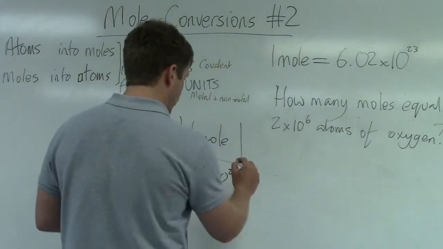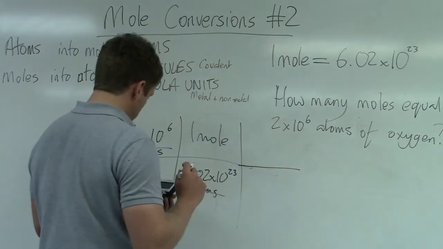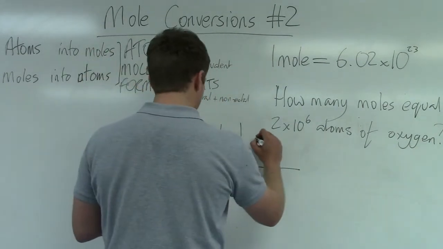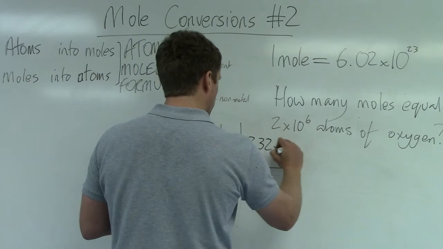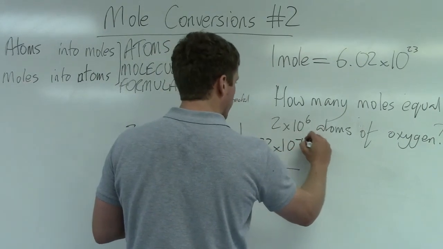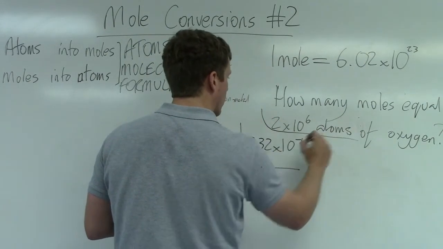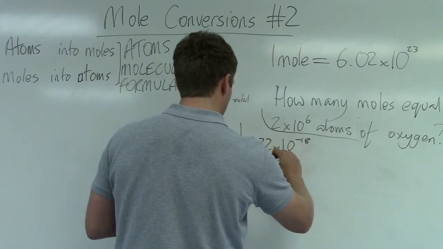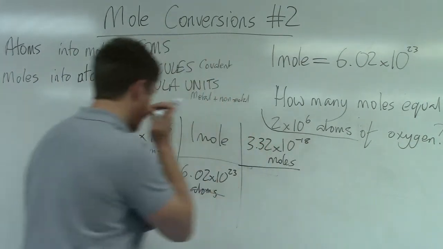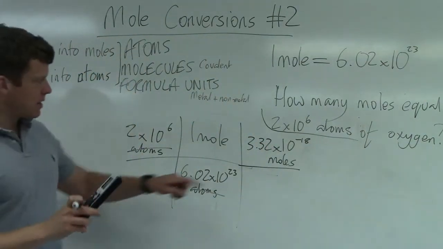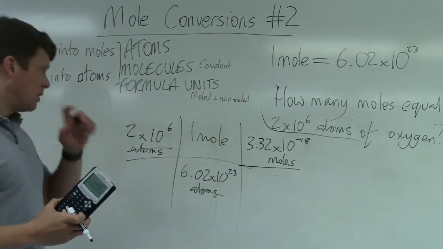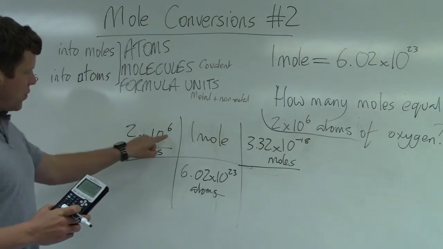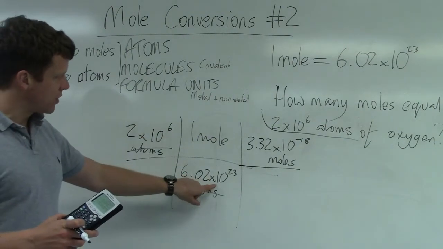And with the power of this calculator, we get this value. So it says 10 to the minus 18 here, which hopefully makes sense because this number is such a small fraction of this number.